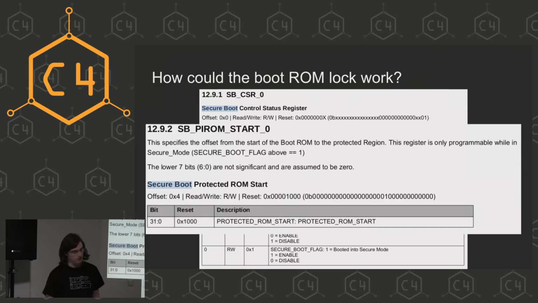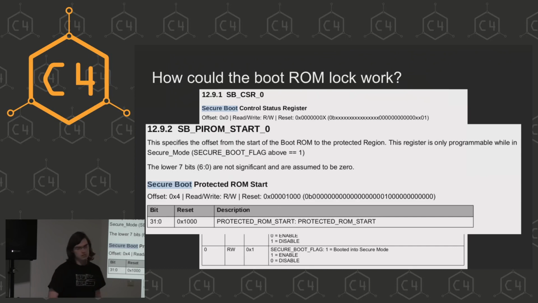The other register, and to be honest, I have no idea why they implemented this, is SBPIROM start. It says this specifies the offset from the start of the boot ROM to the protected region. This register is only programmable while in secure mode, which means the secure boot flag in the register above needs to equal 1. This is on reset set to 0x1000.